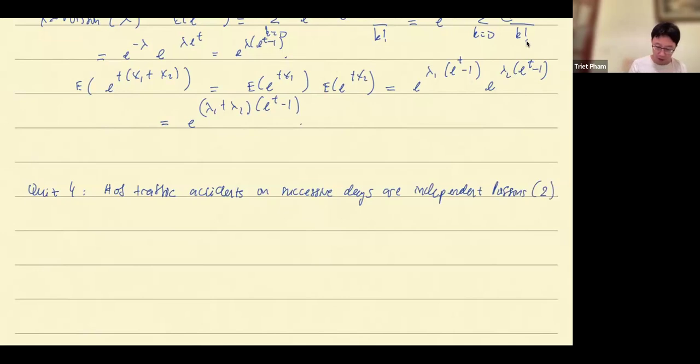Question A asks: find the probability that 3 out of the next 5 days have 2 accidents.